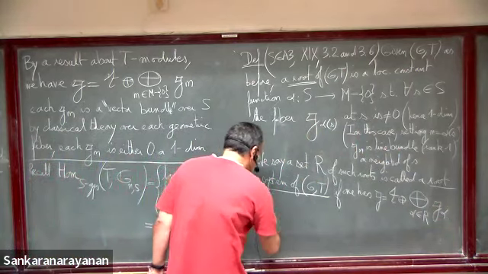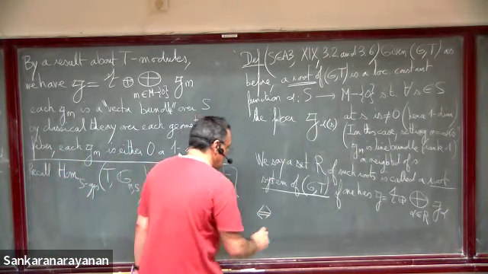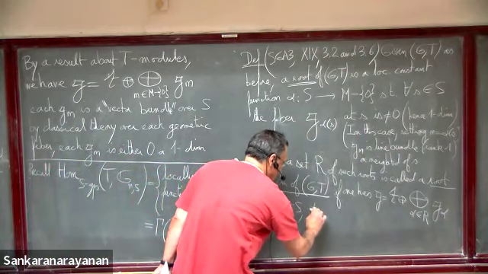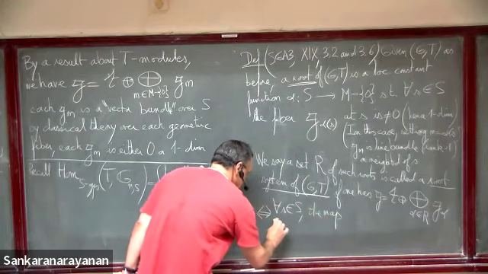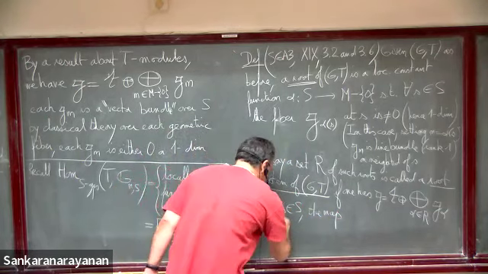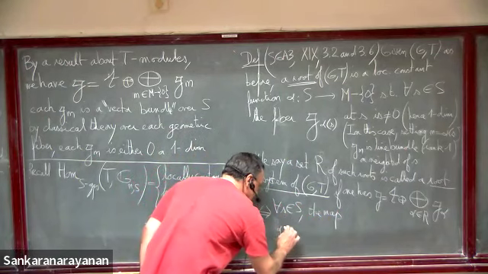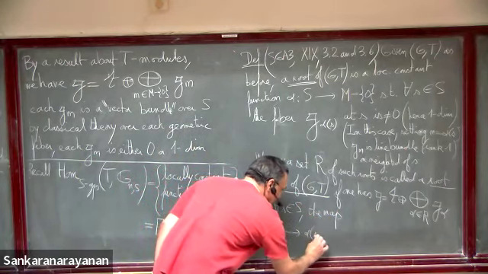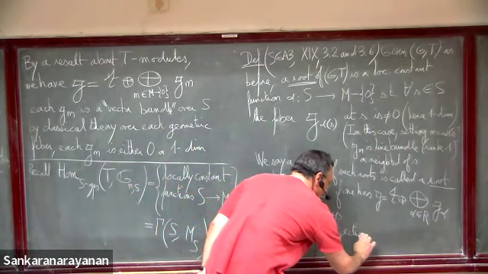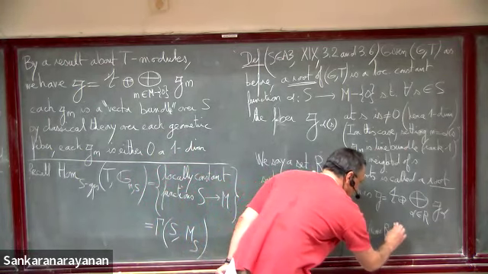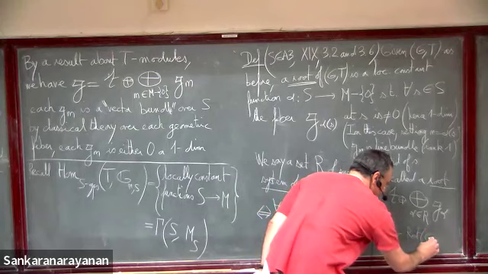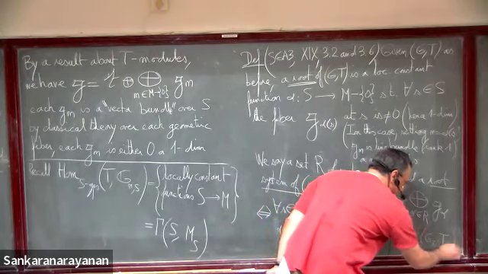Okay, and this is equivalent to saying that for any point s in S, the map which sends alpha to alpha of s is a bijection from R to the usual root system of the fiber.